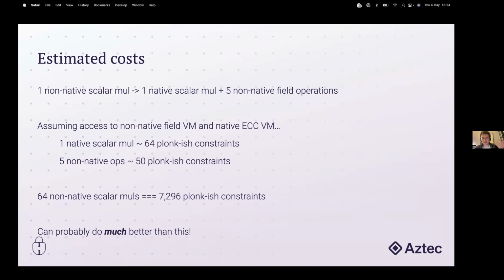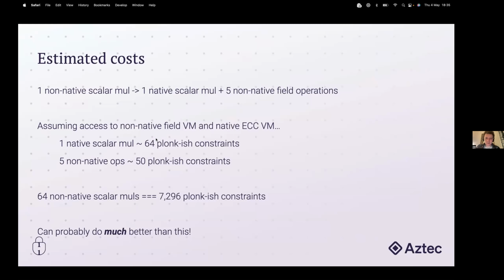You have 4 for your X and Y coordinates, because you need to split them up into 8-bit chunks, and then you have 1 column for your scalar multiplier. So that's 5, but it depends how you slice it. If instead of the VM instruction being do a non-native scalar mul, the VM instruction is batch do 15 muls required to verify a proof or whatever, then that would get reduced. But these are the rough napkin math for Plonkish constraints.